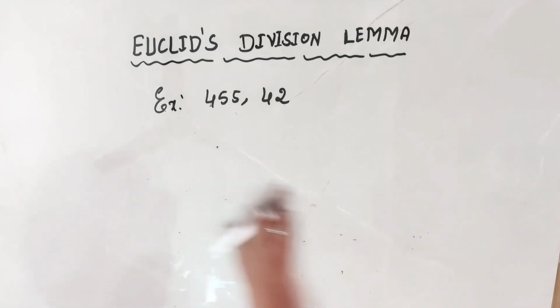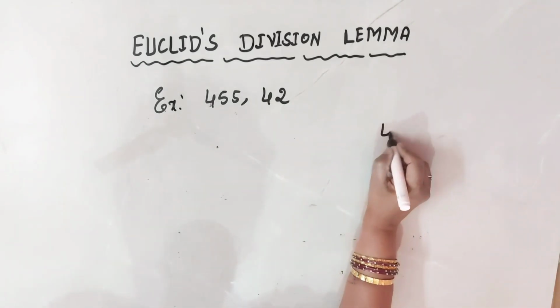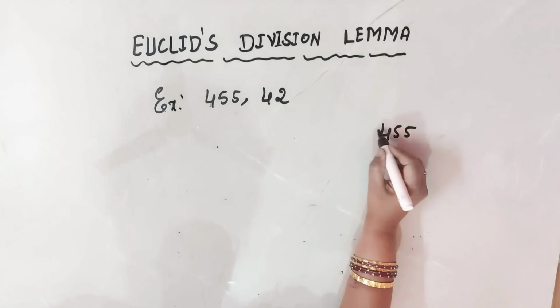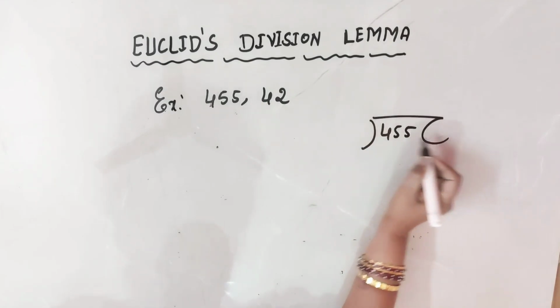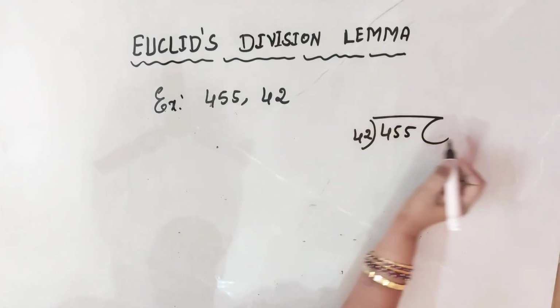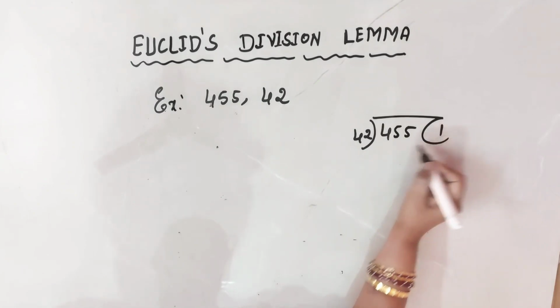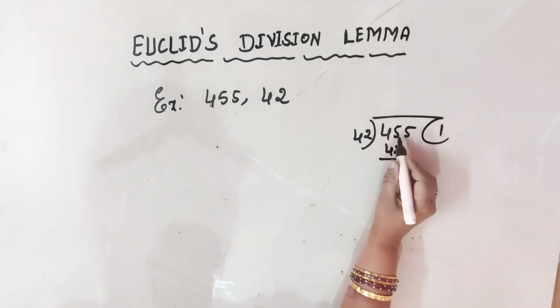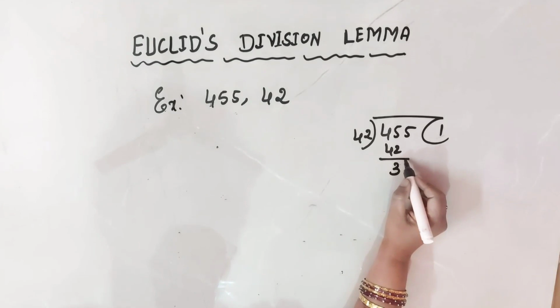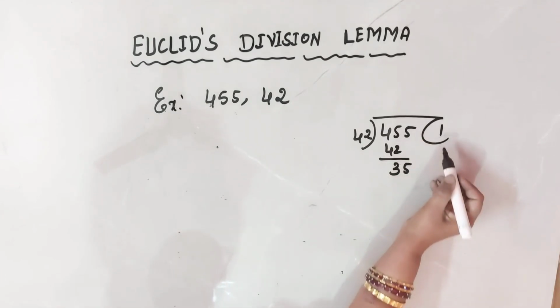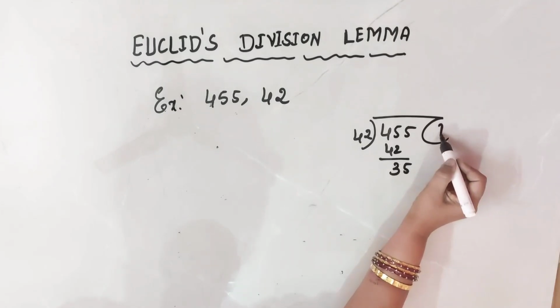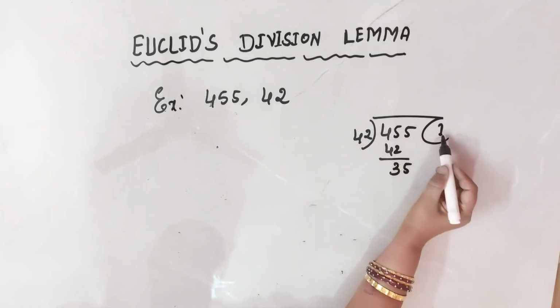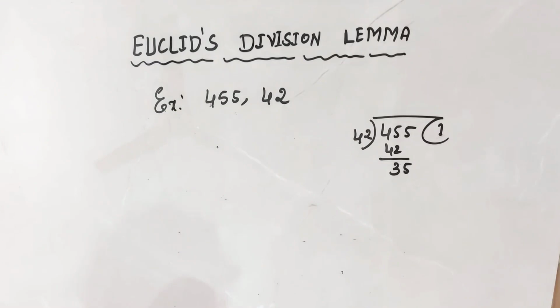Now, how to divide this? You know the simple division. 455 divided by 42. 42 ones are 42. And here 3, and then we take the 5 down. 1 is the quotient, and this is the divisor and the remainder.